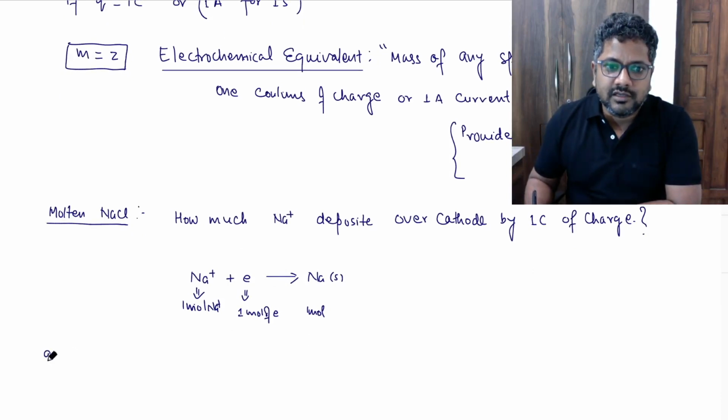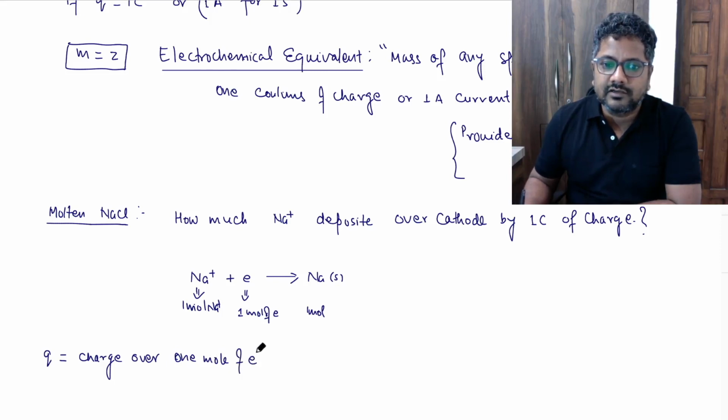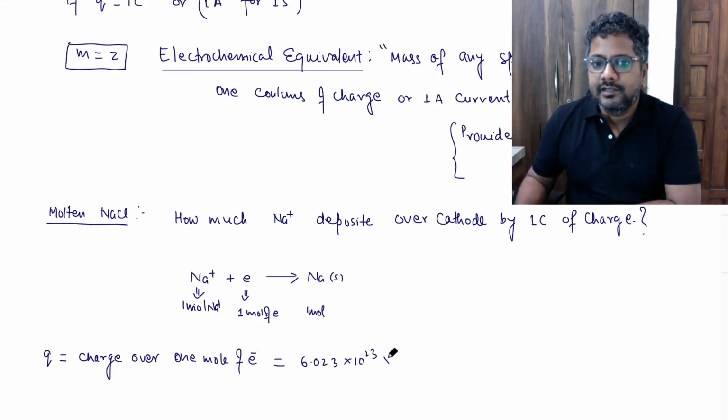So Q is equal to the charge over 1 mole of electron, which is equal to 6.023 into 10 to the power 23 into 1.6 into 10 to the power minus 19 coulombs.